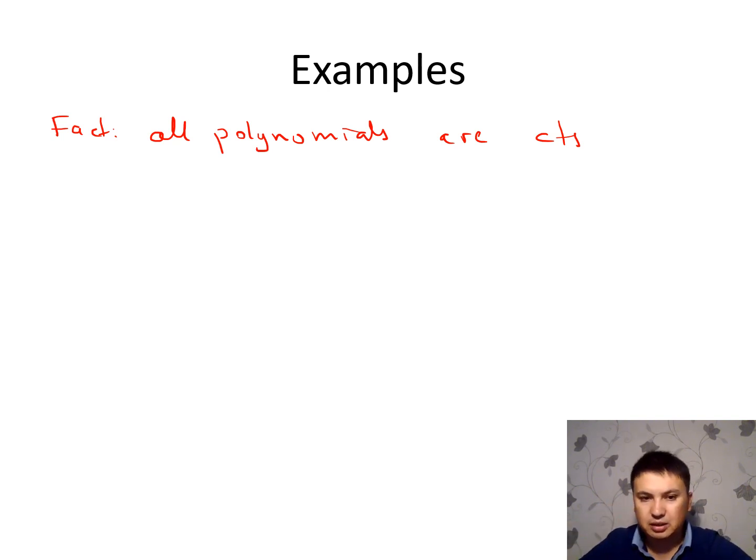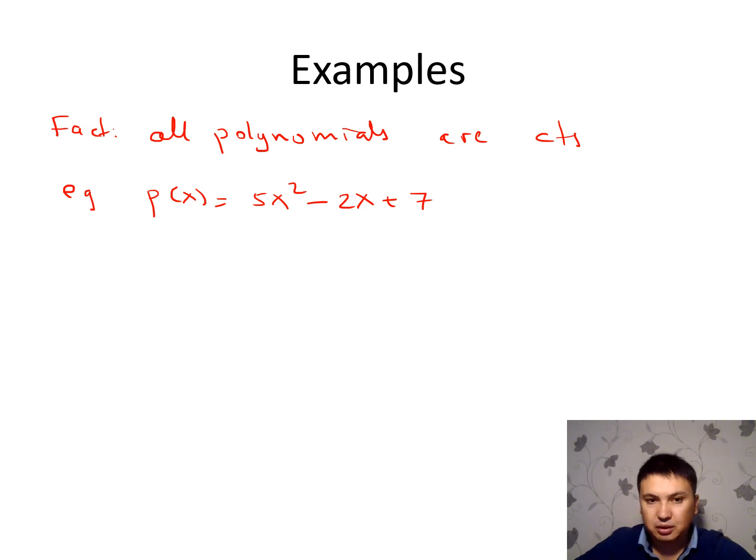So why are the polynomials continuous? Example, let's say I take p of x to be 5x squared minus 2x plus 7, right? Well, first of all, constant functions. Are they continuous? If you take, like, a 7, f of x constant, then what happens if you take the limit?